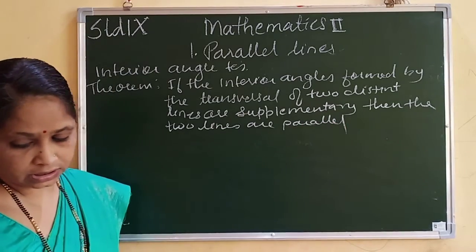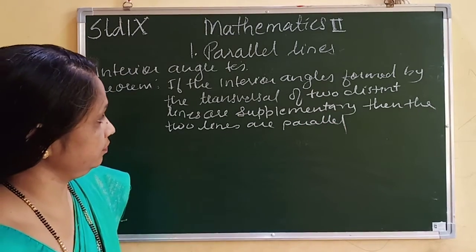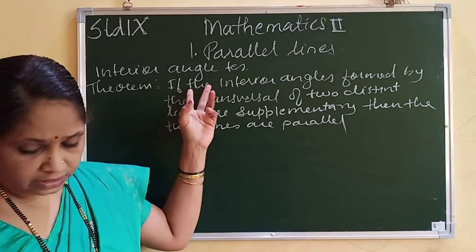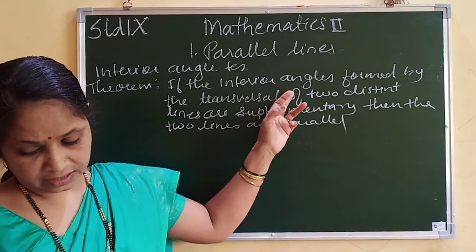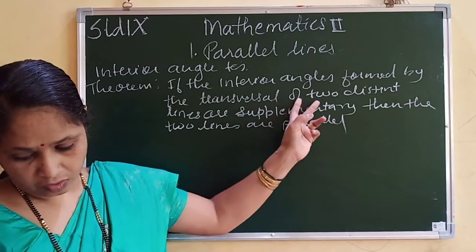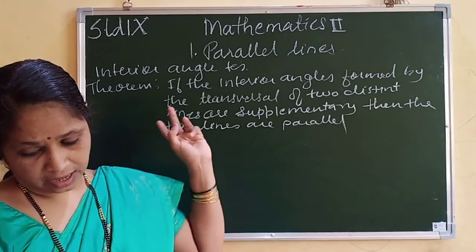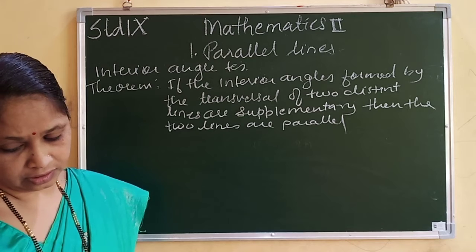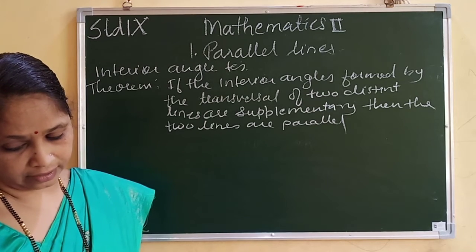Okay, now for this: if the interior angles formed by the transversal of two distinct lines are supplementary, then the two lines are parallel.